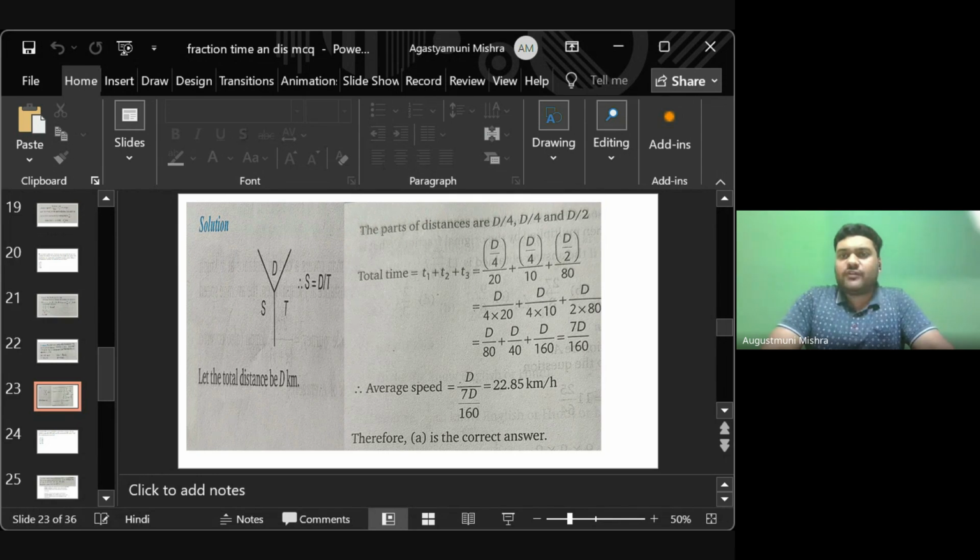Two of the participants gave the correct answer. Here also the formula of time equals distance upon speed was used. So that is a very easy question. I will change the slide in half a minute; till then you can check it, or if you need an explanation, I will do that.